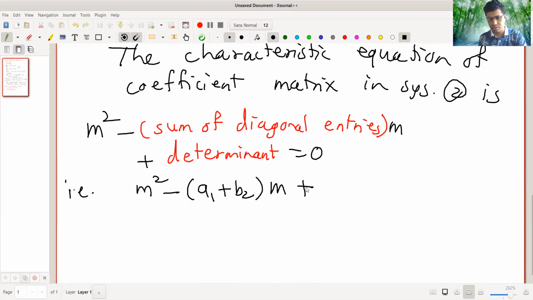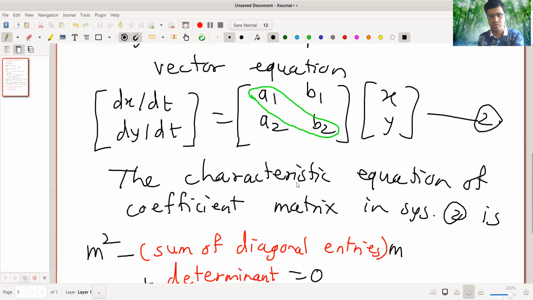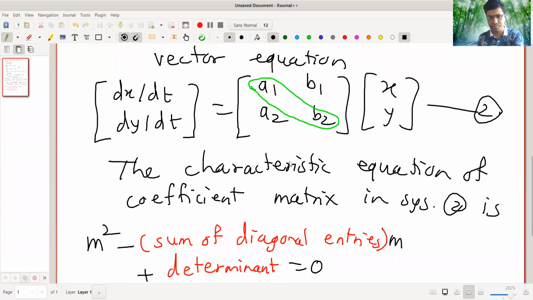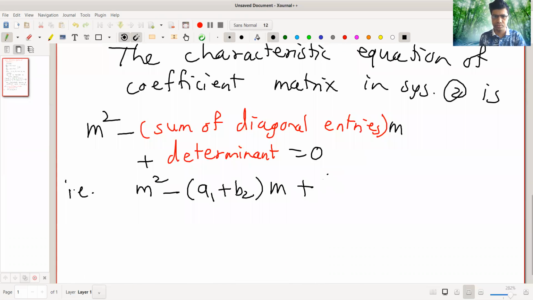And determinant is a1 b2 minus a2 b1 equal to 0 in variable m.